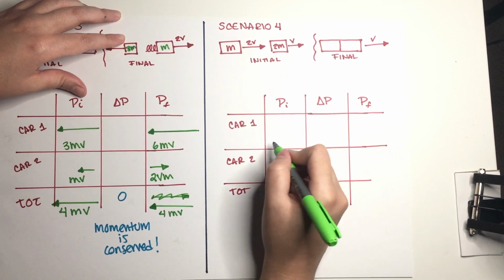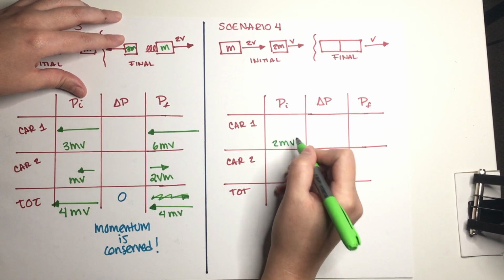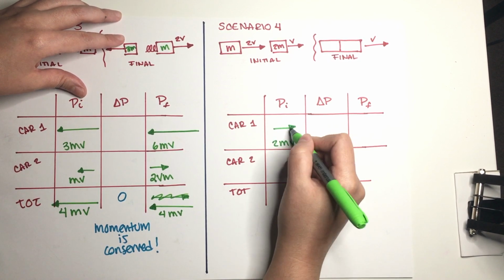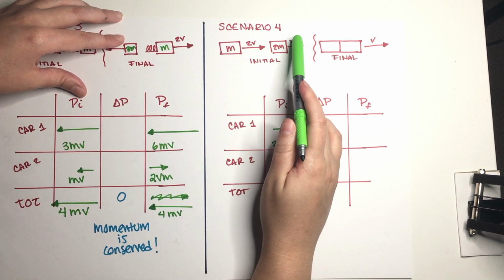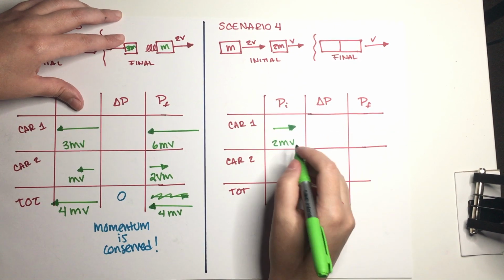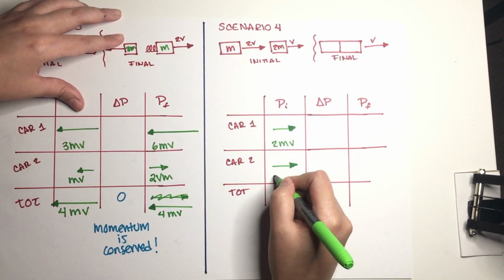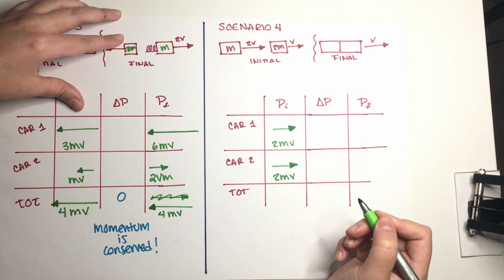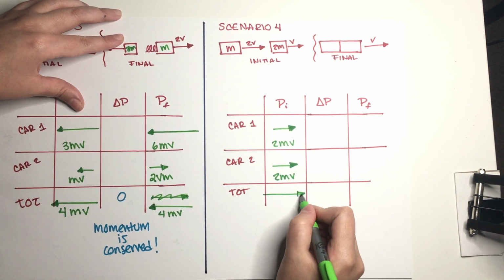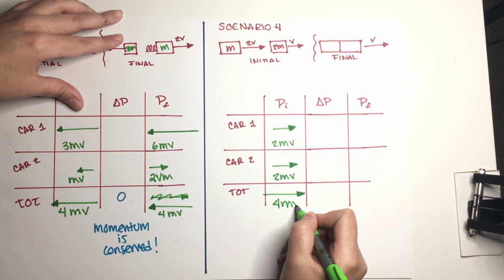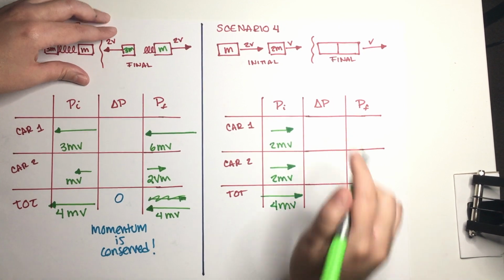So if I multiply that, I'm going to get 2mv going in this direction. The other cart has a mass of 2m, but a velocity of only 1v. So if I multiply that, I will also get 2mv. And if I add all of this, 2 plus 2 is just going to be equal to 4mv, like this.